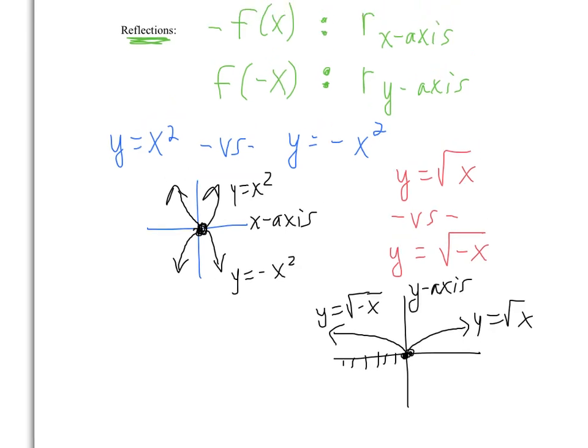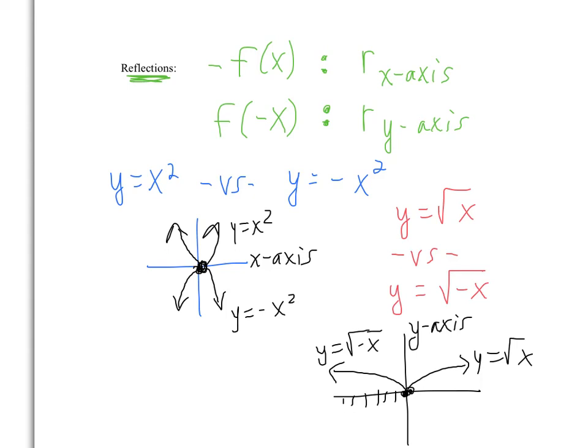So the things to remember here, if we're talking about reflections, if you are negating the function itself, think of this as really being negative y, since f of x is really y, so you're negating y. So if you negate a y value, then you take a point right here. Suppose we're talking about the point 2 comma 4.